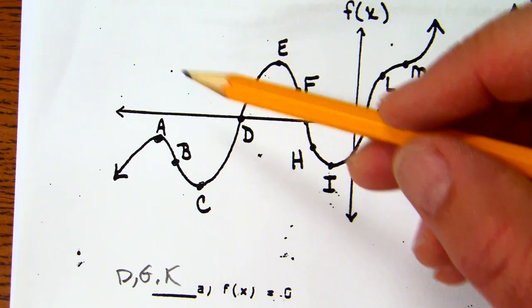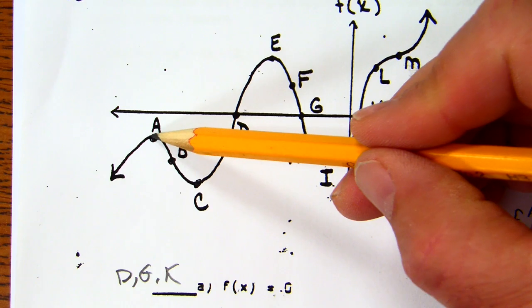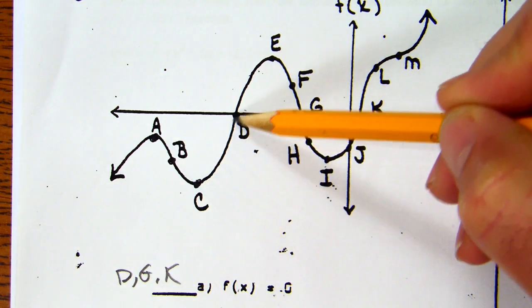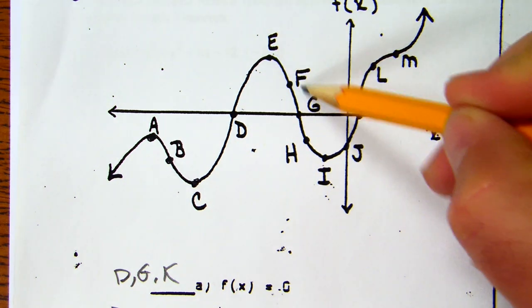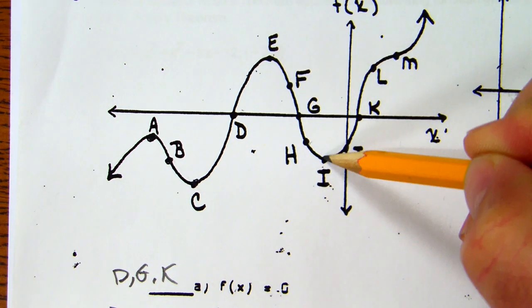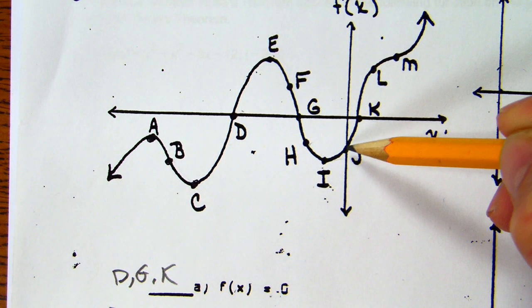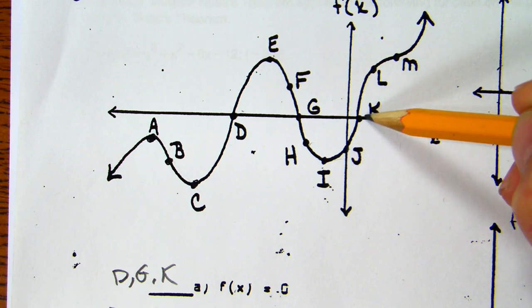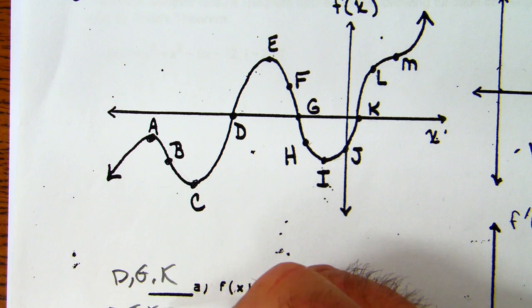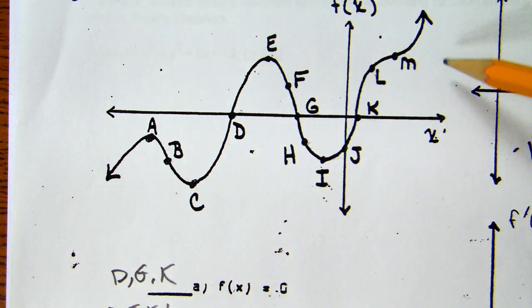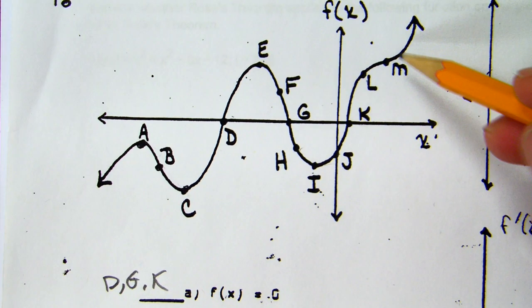So as I start to trace this: D, yep, it's increasing at D. Yep, it's increasing at J, K, L. Now, this is the one that kind of matters.